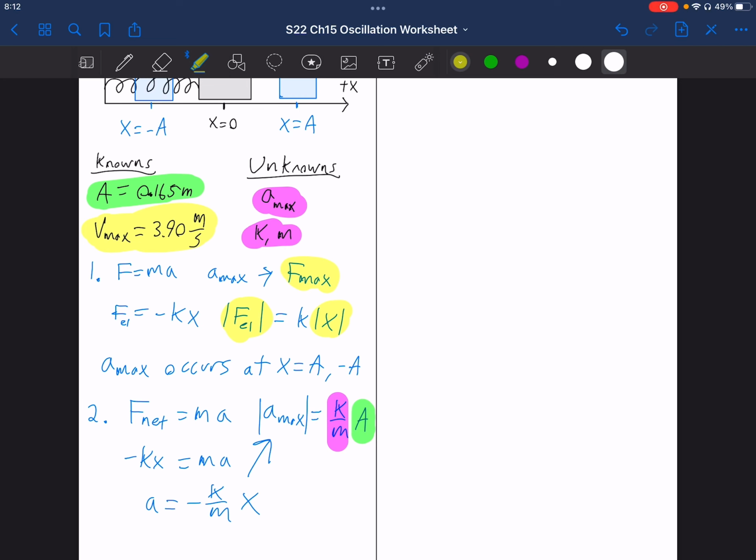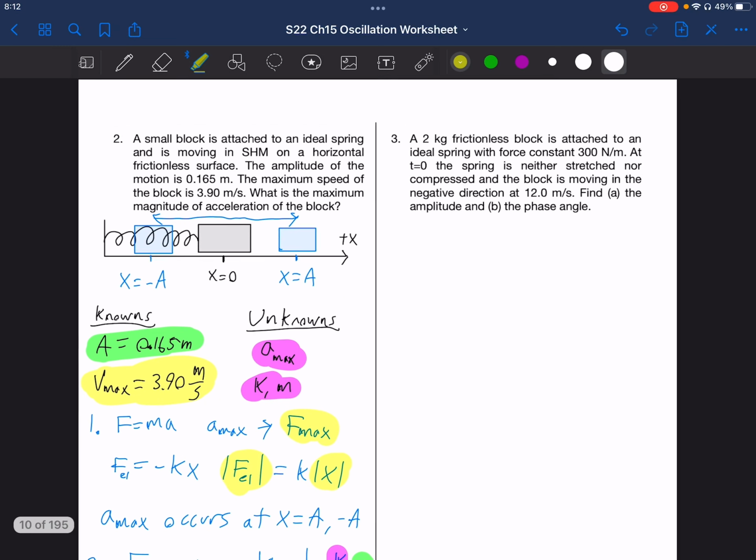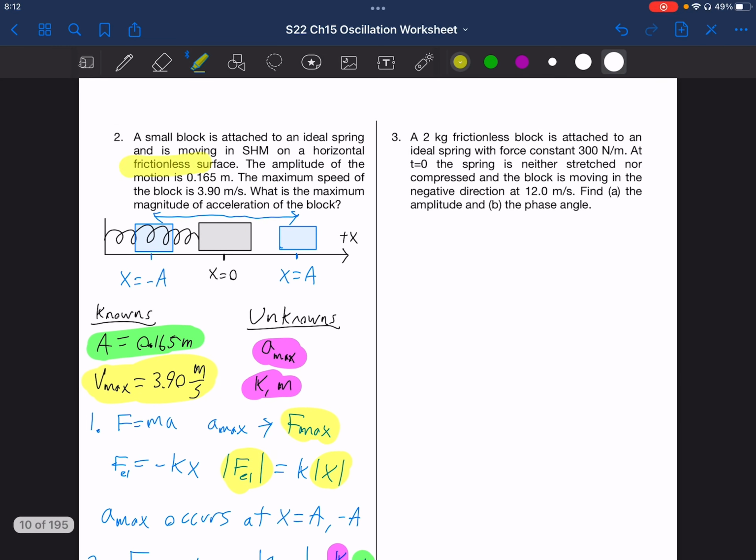All right, we're on a frictionless surface. It says that in the problem. And so there's no energy leaving the system due to friction. There's no external forces pushing on the system, which would be adding energy to the system. So all that adds up to the fact that energy is conserved in this system.